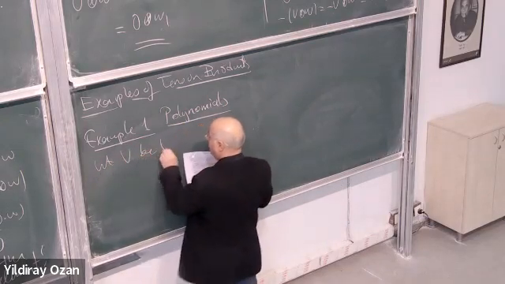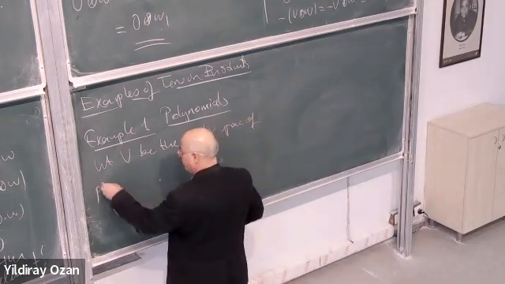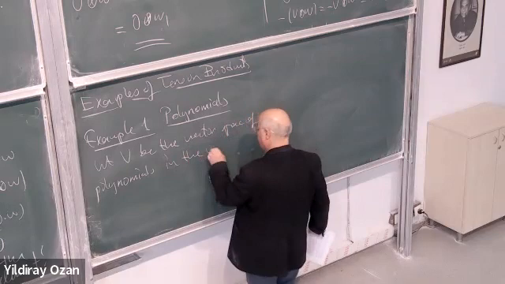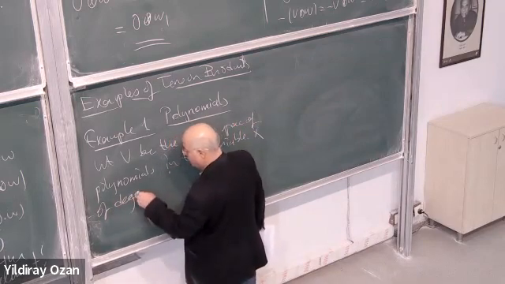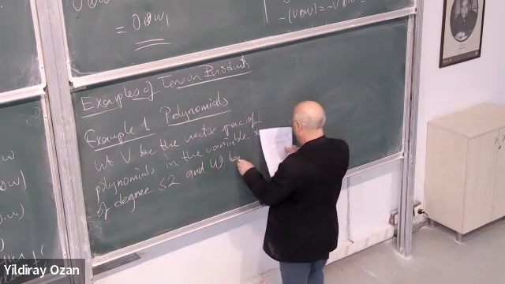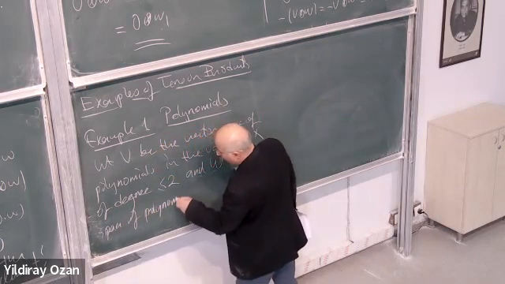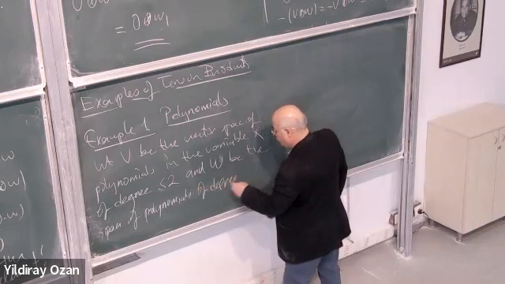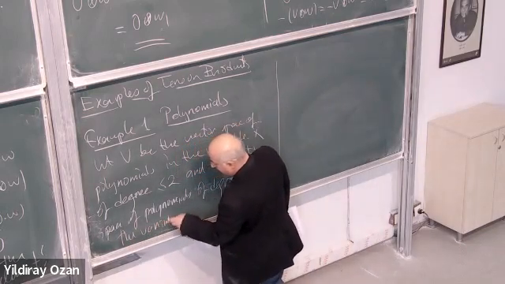Let V be the vector space of polynomials in the variable x of degree less than or equal to 2, and W be the space of polynomials of degree less than or equal to 2 in the variable y.